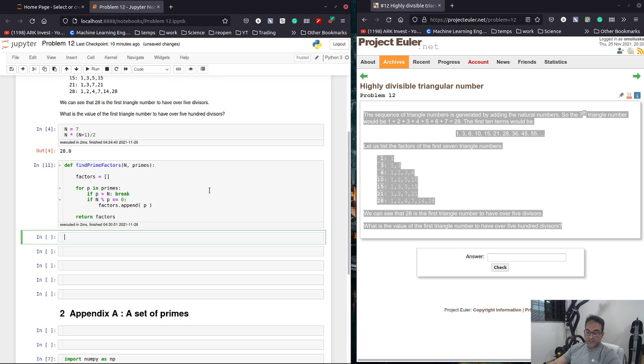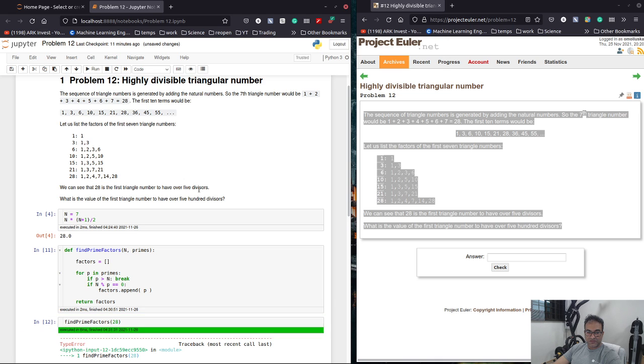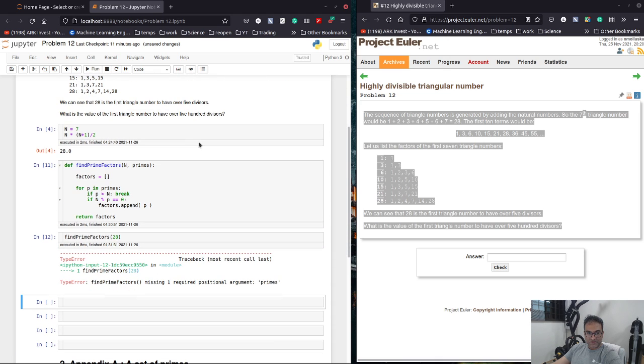So let's say n is 7. Find prime factors of 28. The triangular number of 7 is 28. We want to find the prime factors of 28. What happened? Okay, so we also want to provide primes.